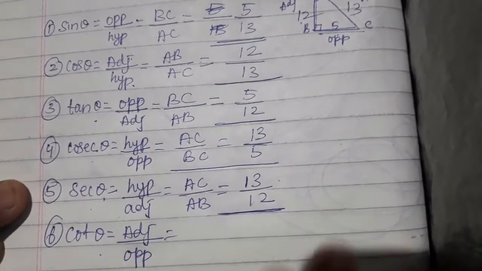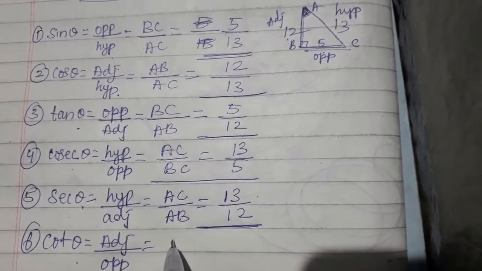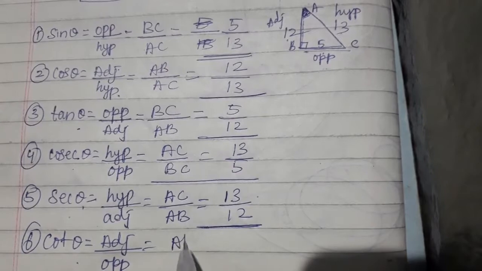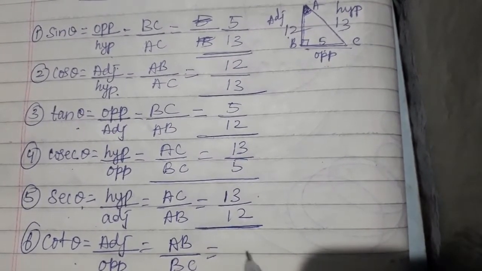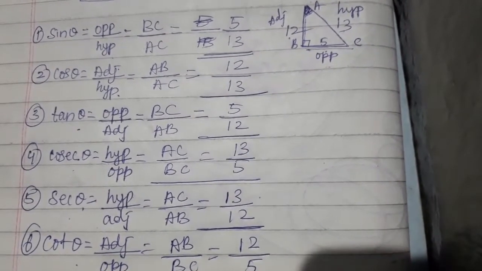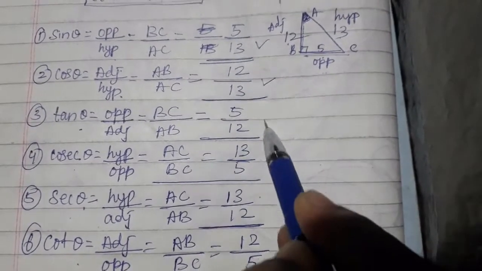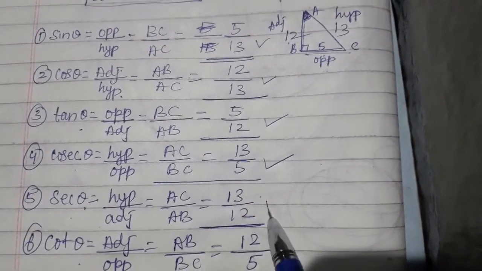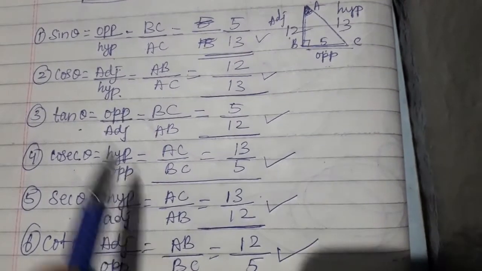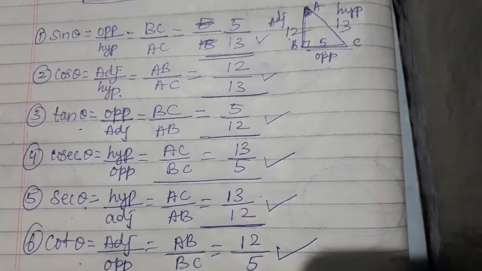Now cot theta, the reciprocal of tan theta: adjacent is AB, opposite is BC. AB is 12, BC is 5. So like this, I got sin theta, cos theta, tan theta, cosec theta, secant theta and cot theta. All 6 trigonometric ratio values we have found.